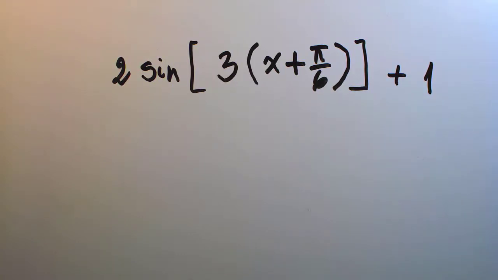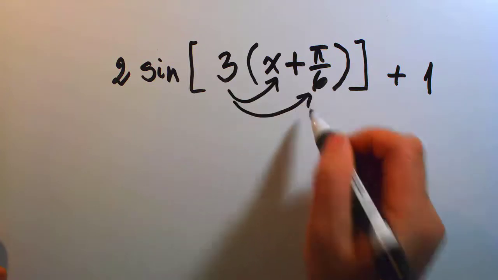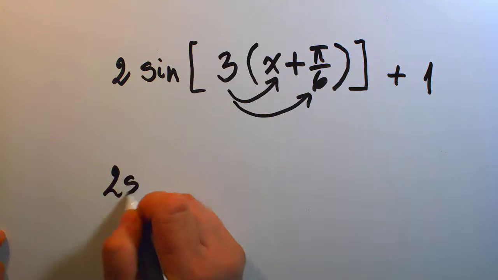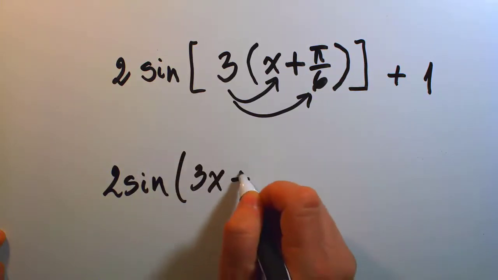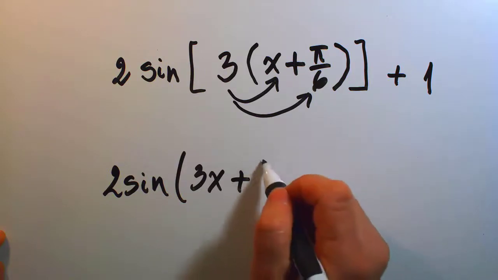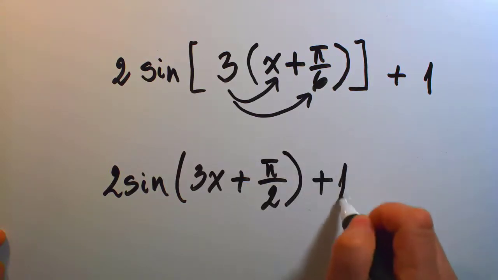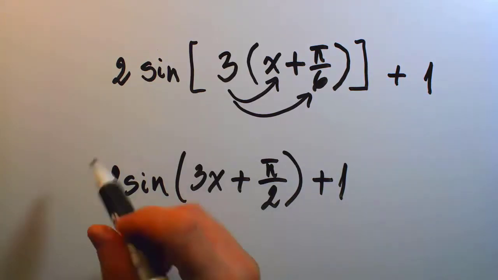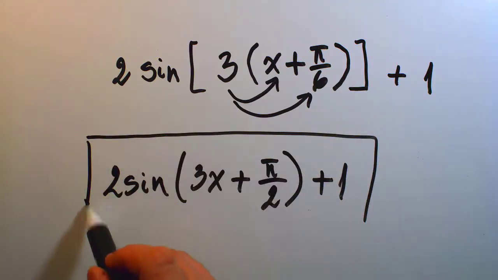Or we can also multiply out the 3 for each term inside of the sine function, making it 2 sine of 3x plus pi over 2, plus 1. So that's one answer for how we can express our function as a sine function.